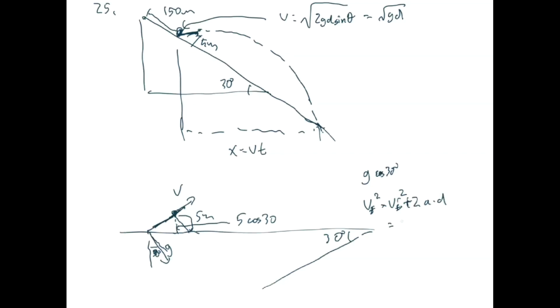And this will just be v sine theta squared plus 2, where acceleration is g cosine 30.